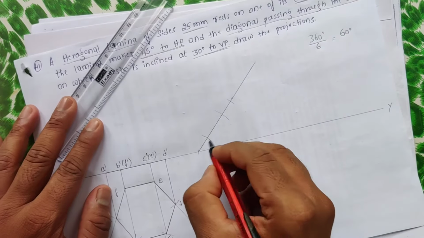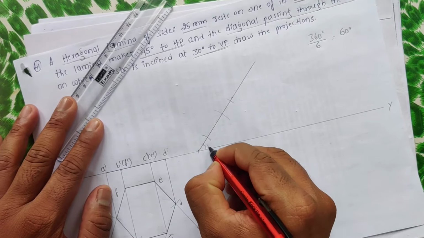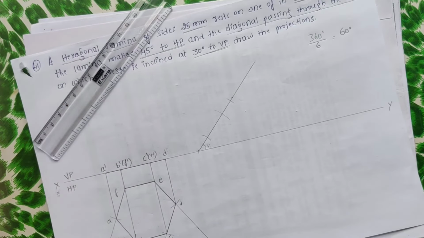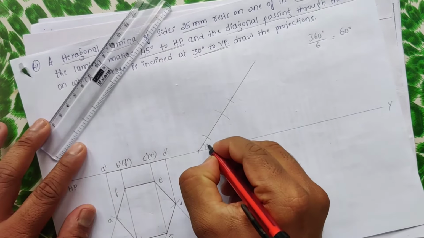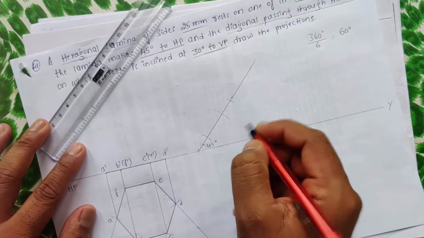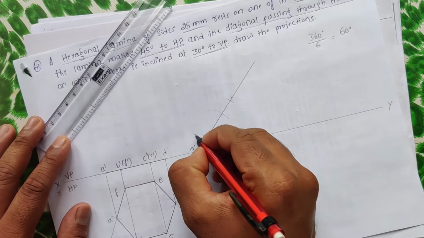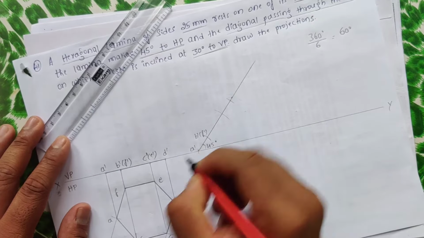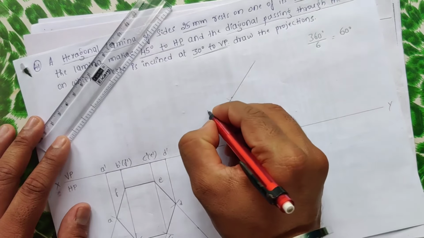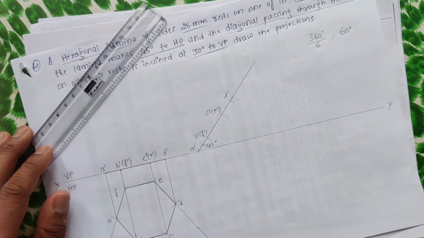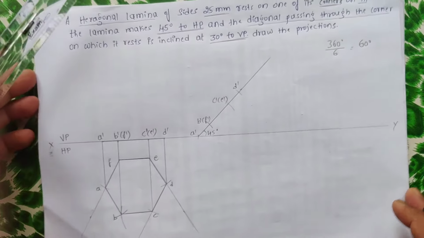What is the inclination you have given? It is 45 degree, no? 45 degree. So now it is our A dash, and this is my B dash F dash. Here it is C dash E dash, and this is my D dash. So we got the third view.